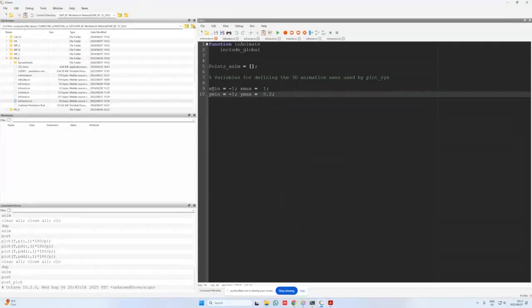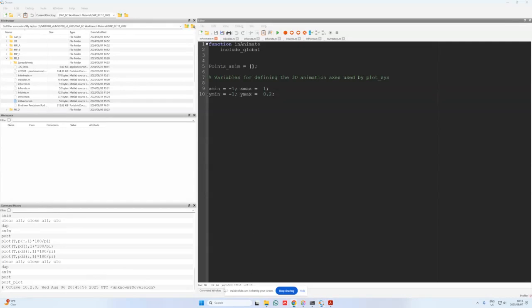And this is essentially what I specify over here. My bounds on x is minus 1 to 1, and my bounds on y is minus 1 to 0.2. That gives me a large enough workspace to actually see what happens during the simulation.